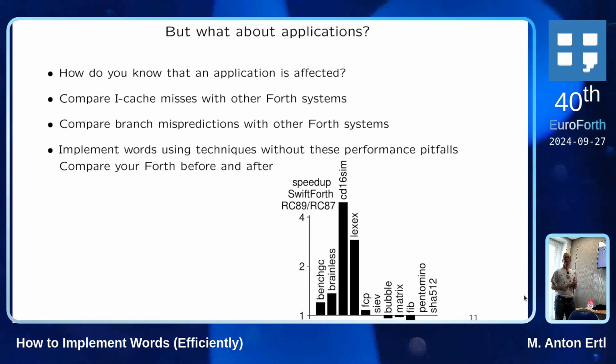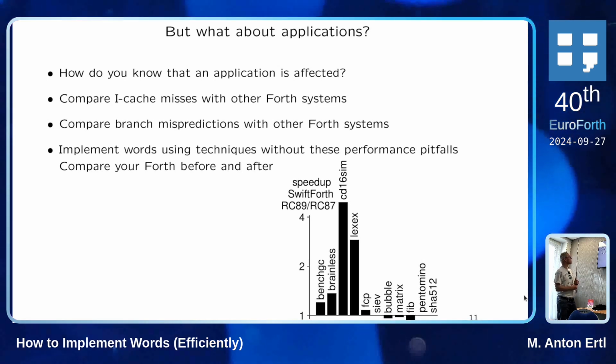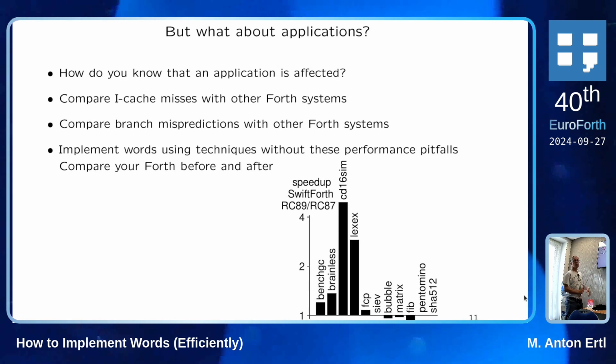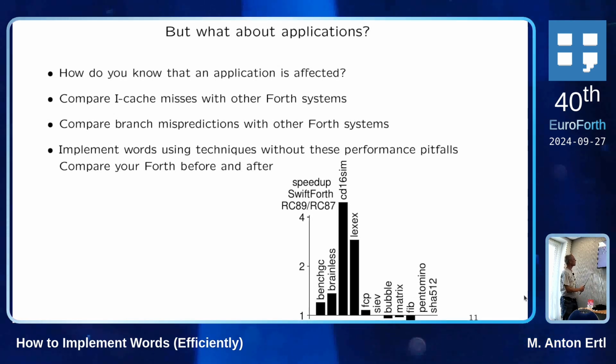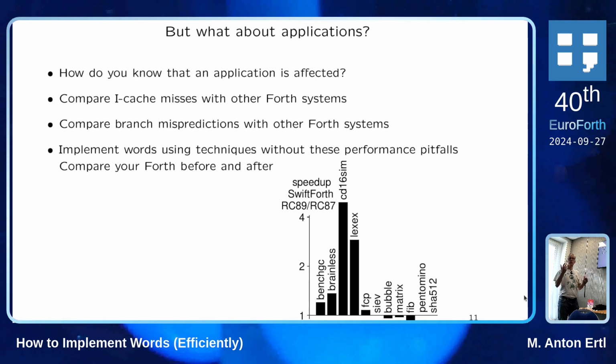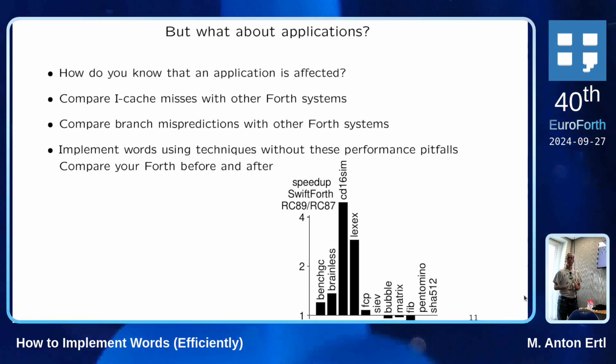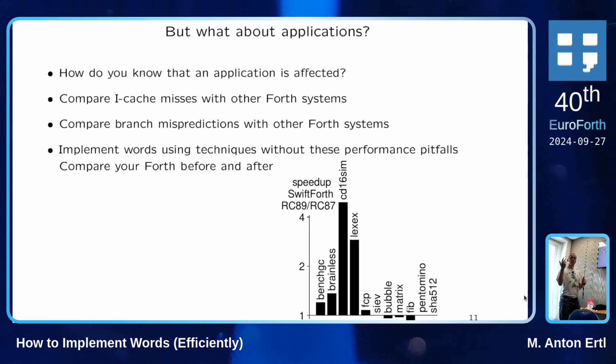You get an indication of fault sharing from the iCache misses, and an indication of the return mispredictions from the branch mispredictions, but there are also natural causes of iCache misses and branch mispredictions. So in order to be sure, you have to compare with a different Forth system. And the only way to be sure that it's not this problem is to implement the words using techniques without these performance pitfalls and find out that there's no speedup.